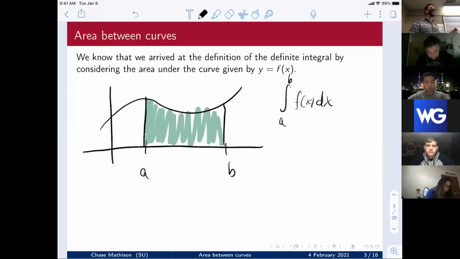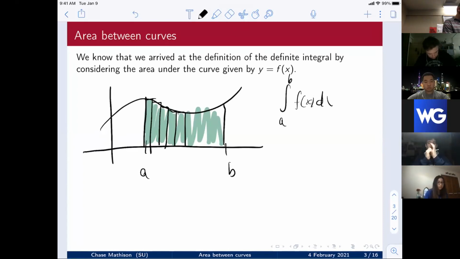And again, everything in calculus, you get there by first starting with an approximation and then taking a limit. So first we said, well, instead of finding this, let me find the area of these rectangles. Because a rectangle has a very easy area, right?